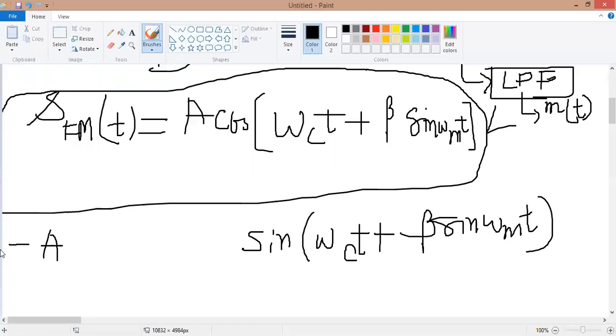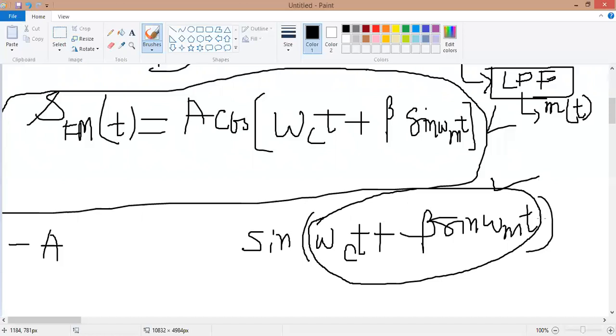The most important thing is what happens to the argument portion of the sine.